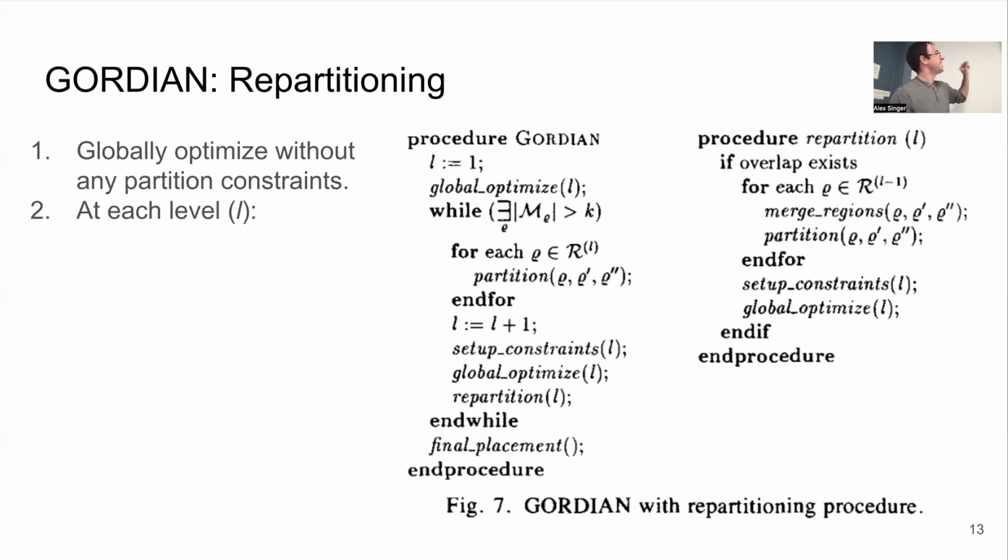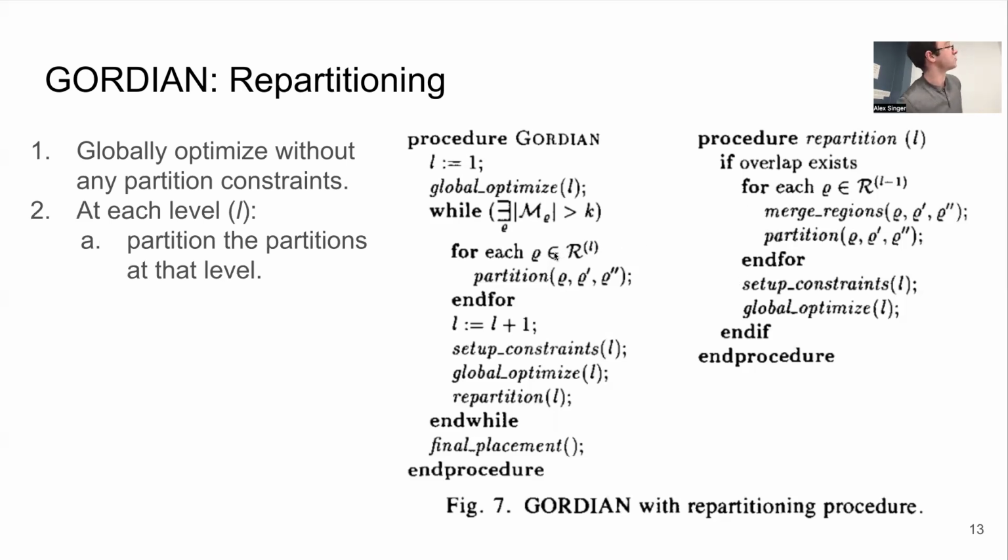Step two, at each level L, so the level is the partition level, we're then going to partition the partitions at that level. Now, I know that's really bad terminology. That's what that for each partition in P is saying.